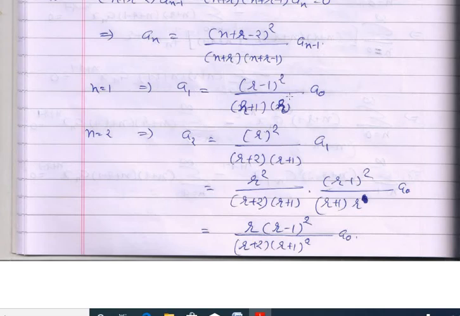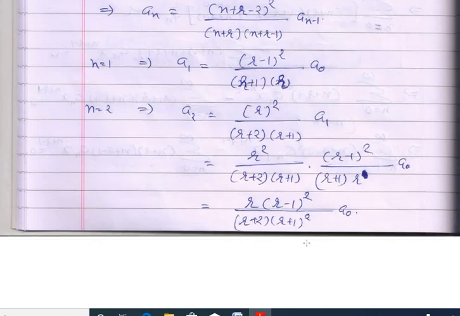Put n is equal to 1, that will give you a1 is equal to (r minus 1) whole square upon r plus 1, a0. In the same manner, put n is equal to 2, that will give you (r) square upon (r plus 2) into (r plus 1) into a1. But a1 has this value, so substitute it here and simplify, that will give you a2 is equal to r into (r minus 1) whole square upon (r plus 2) (r plus 1) whole square.